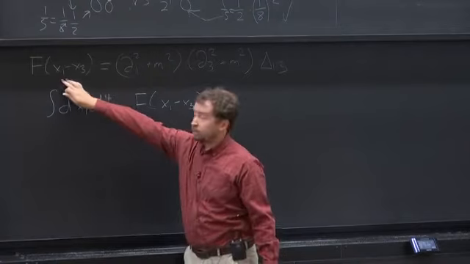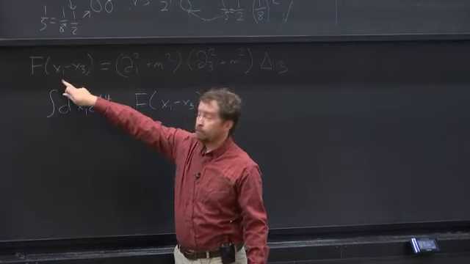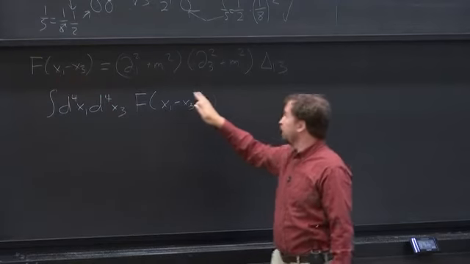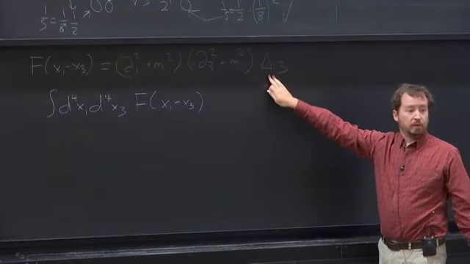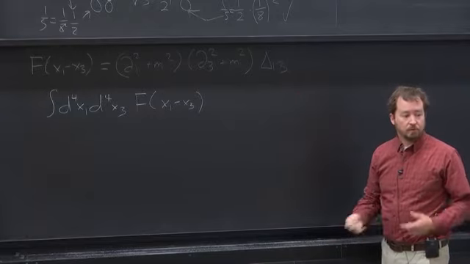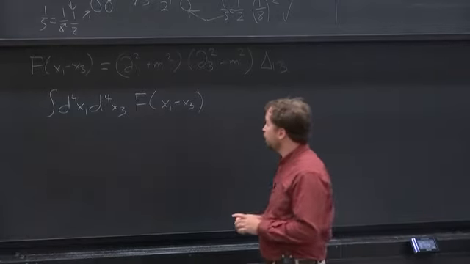And note that I've written it as a function not of x1 and x3 separately, but just as a difference. That comes from the fact the Feynman propagator only depends on the difference in space-time points, not on the 2 space-time points separately.